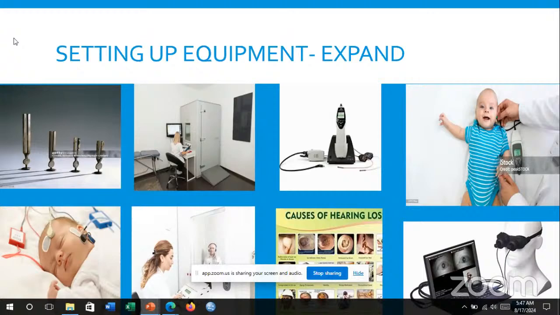Or if you want to expand, you'll be doing 2 channels as well, using the auditory brainstem response equipment and the otoacoustic emission battery. You can extend it to the use of vestibular equipment as well.